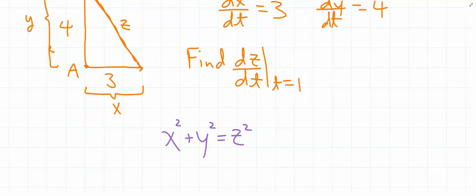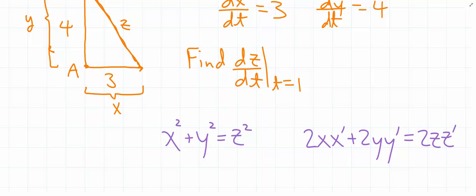So I'll say, okay, 2x x prime, and we'll understand that when I say prime, I'm talking about the derivative with respect to t. So the derivative of x with respect to t, plus 2y y prime, equals 2z z prime. Now I don't just have how the distances are related, I have how the rates of change are related.